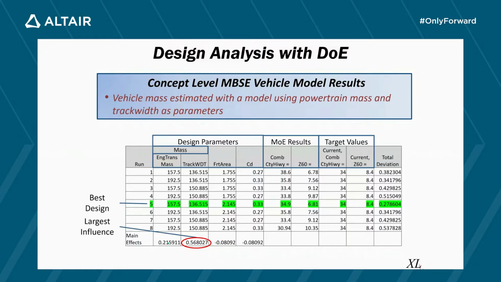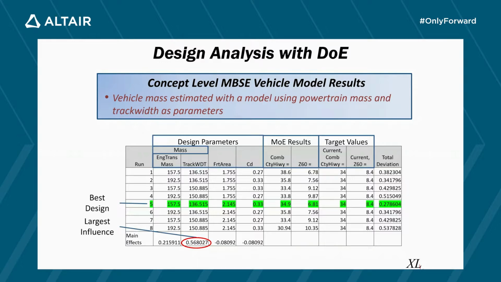In addition, we calculate the main effect. Which of these 4 parameters has the largest influence on the design? It happens to be the track width of the vehicle, because this model has that parameter as the largest influencer of the vehicle mass.